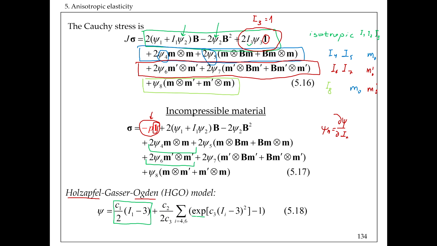What is good about using the exponent here is that it allows capturing the behavior sometimes called recruitment of fibers, as we start to deform. The fibers in nature cannot really be considered as aligned straight fibers reinforcing the material, but they can have some waviness and some crimped shape.